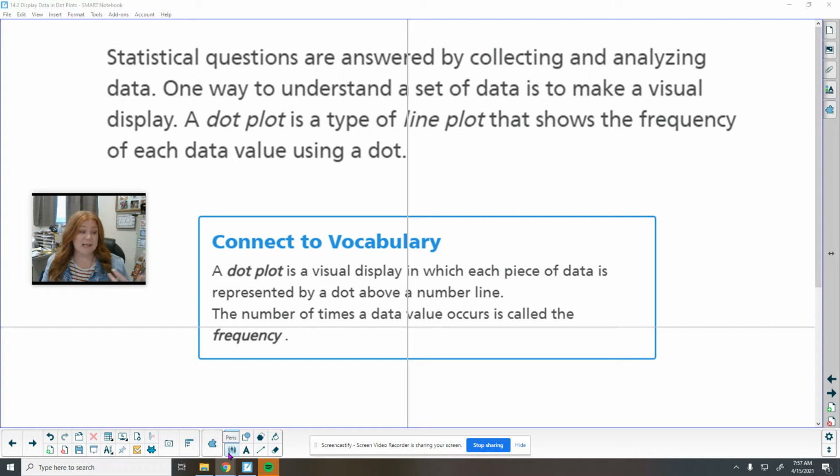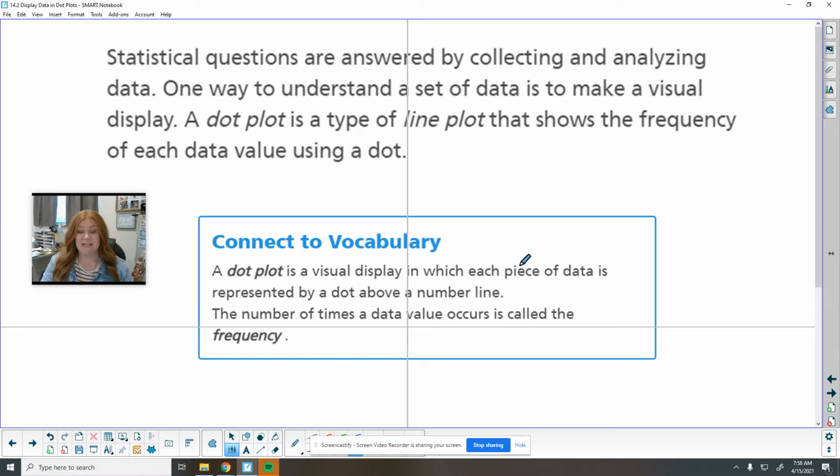You can use an X, a dot. So sometimes you might see a picture, and they call that a pictogram, another type of line plot. So a dot plot is just a nice visual, so we can visualize it, in which each piece of data is represented by a dot above a number line. So every time they ask a person a question, their answer is represented by a dot on the number line. So every dot represents one observation or one answer.